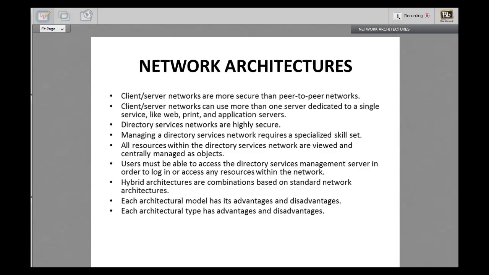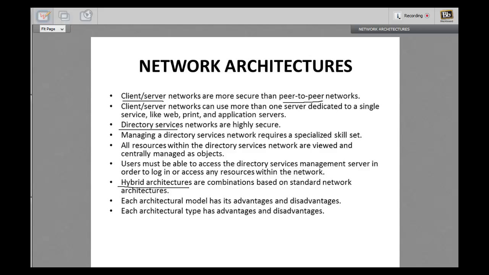They can be grouped into client-server networks, and they are in general more secure than peer-to-peer networks. In this chapter, we should know and compare client-server networks, directory service networks, and peer-to-peer networks, and in addition the hybrid architectures.